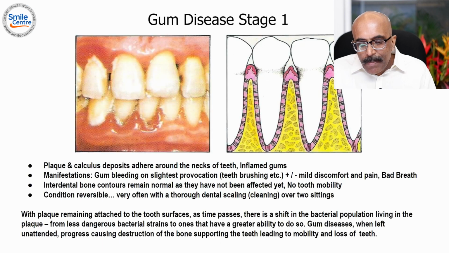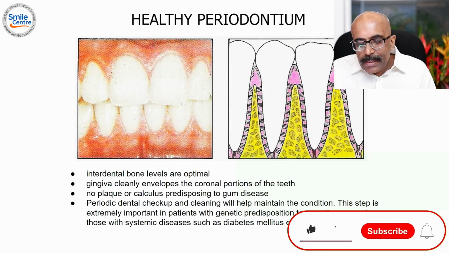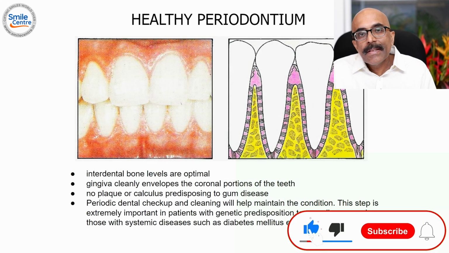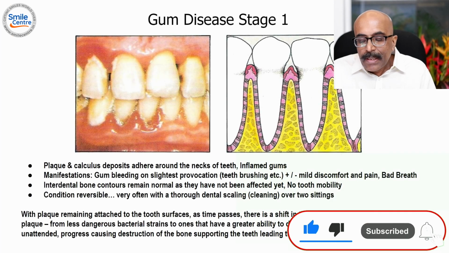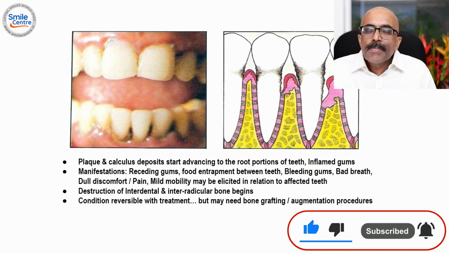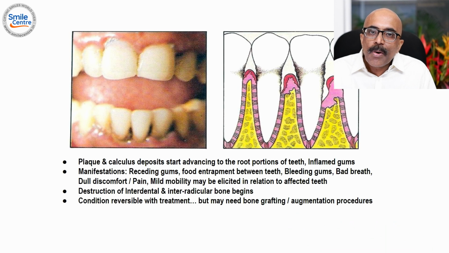Now, please remember, at all these stages, the patient will never experience pain. This is the problem. Most patients think that they need to approach doctors only when they have pain, and the sad part with gum disease is that in most situations they don't experience pain. They may experience some sensitivity, some bleeding gums and things like that.